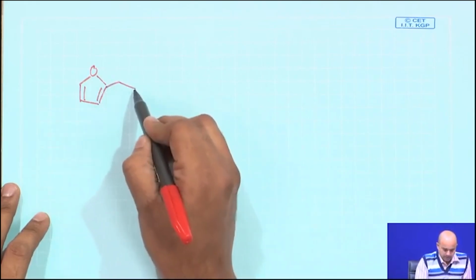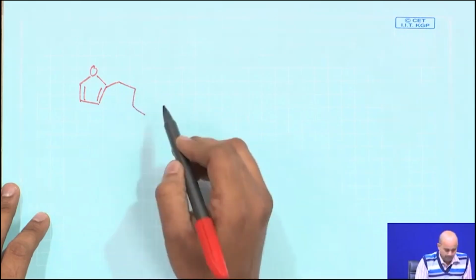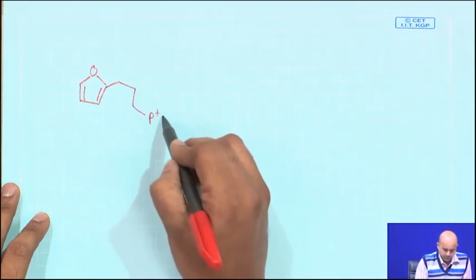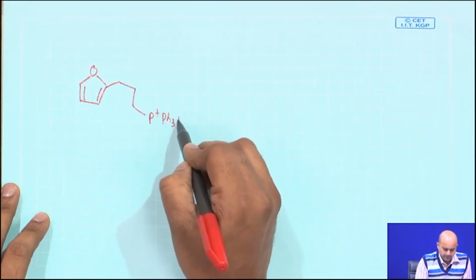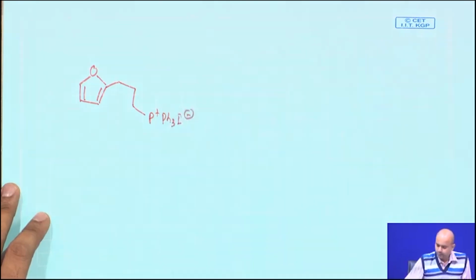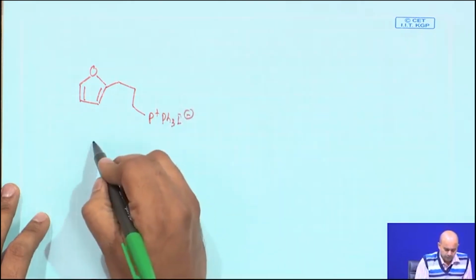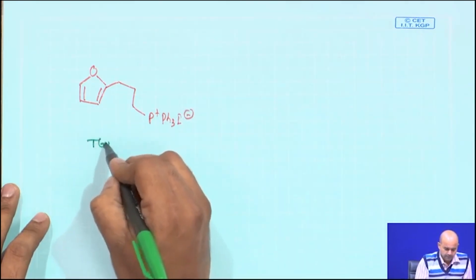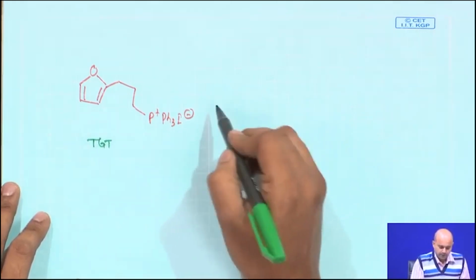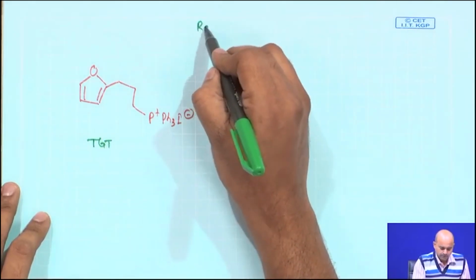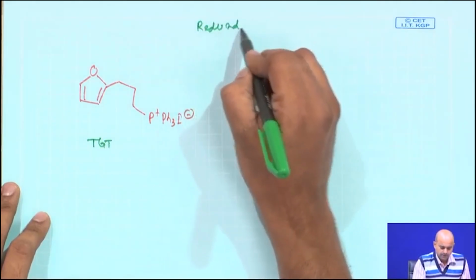We give a target which is now basically a salt, a phosphonium salt, which is often used in the Wittig reaction. This is your next target and you are exploring the concept of redundant functionality.